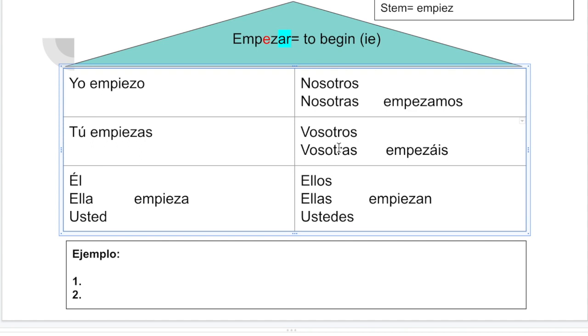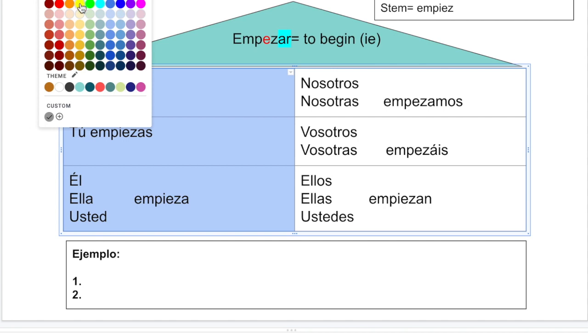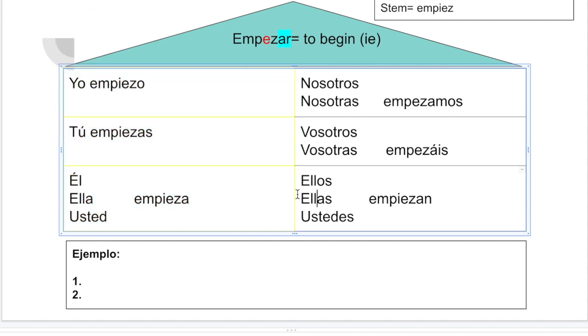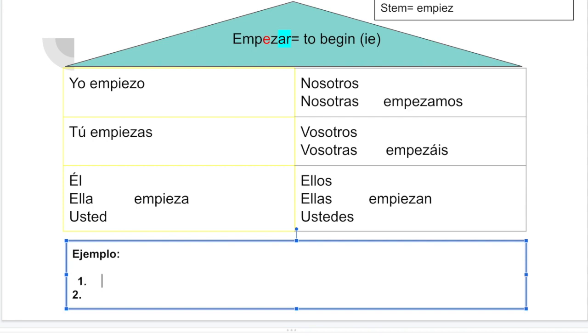So the IE only applies for this part of the house. This part of the house. So it just implies this part of the house. And we leave outside nosotros and vosotras. Okay. I'm going to make an examples.